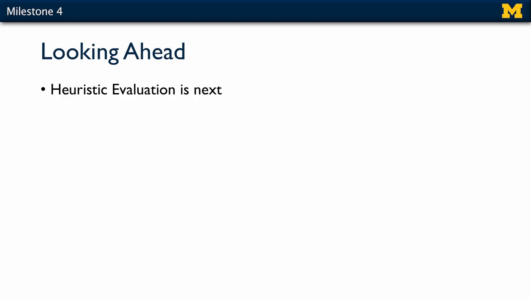When creating your mid-fi prototype, it's worth thinking about what you're going to be doing next. And the next step is the heuristic evaluation. As you'll hopefully recall, the heuristic evaluation has you look at things like the specific language that is used in the interface, the navigation between different parts of the interface, so the key task flows, but it also asks you to look at how the system handles errors.